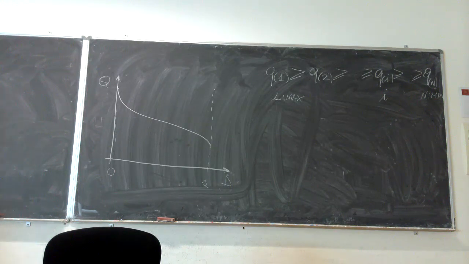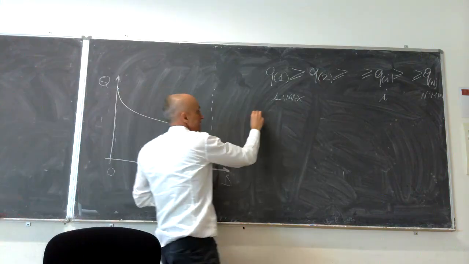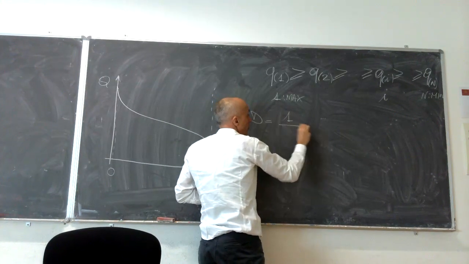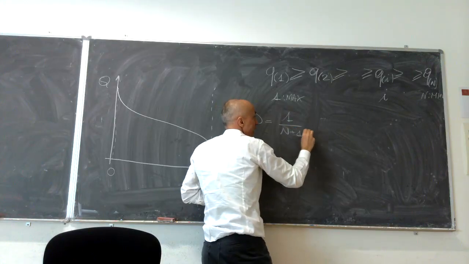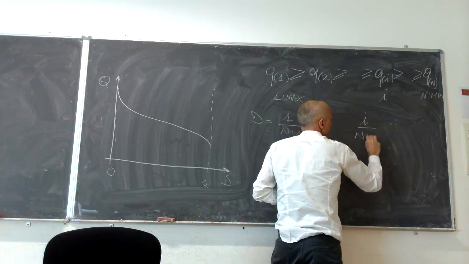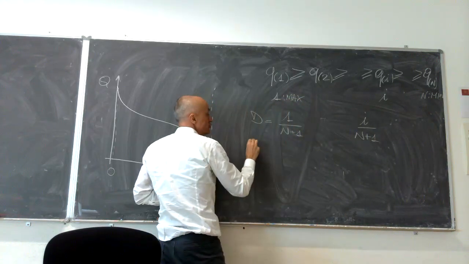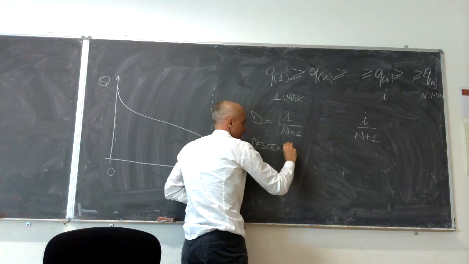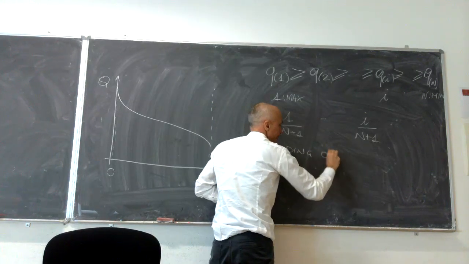So we compute the duration. D will be equal to 1 over n plus 1, and in general, i over n plus 1 if we sort in descending order.